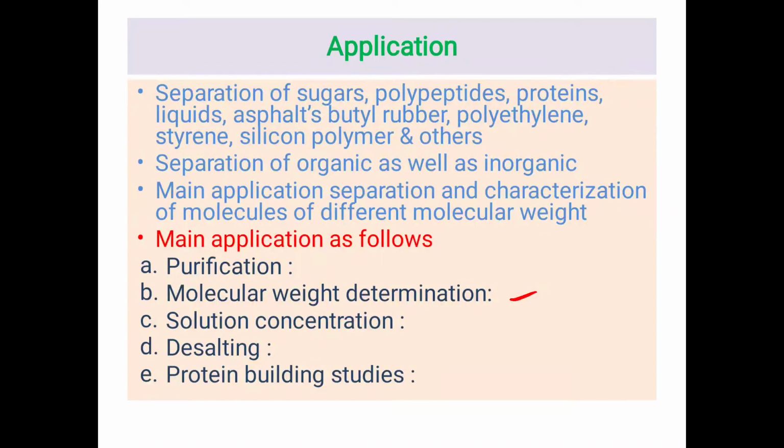Last application, that is the protein binding studies. Exclusion chromatography is one of the best methods commonly used to study the reversible binding of ligands to a macromolecule such as a protein, including receptor proteins.